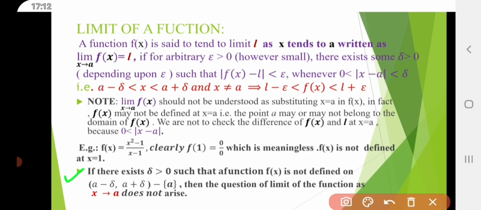If there exists delta greater than 0 such that a function f of x is not defined on the interval a minus delta, a plus delta minus singleton a, then the question of limit of the function as x tends to a does not arise.